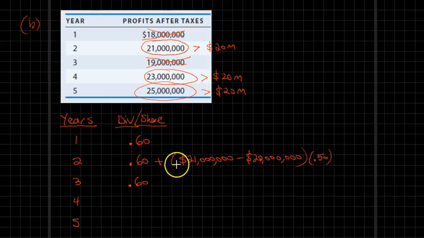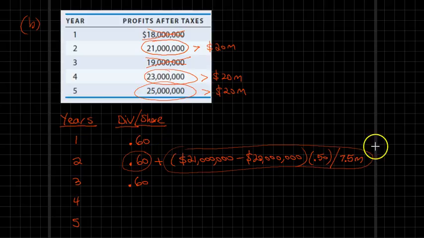Because we have 7.5 million outstanding shares, we need to also divide this whole thing by 7.5 million. Adding up the 60 cents with this, we get that the total dividends paid per share would rise to 67 cents. I will just write it like this, 0.67. These are all dollar figures.